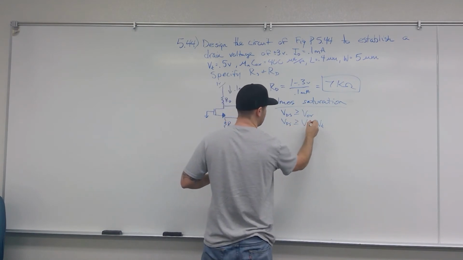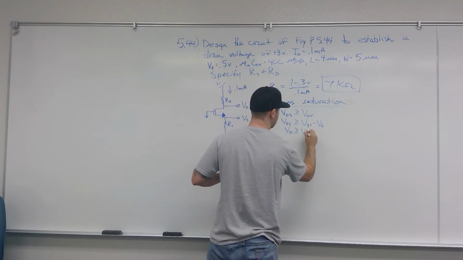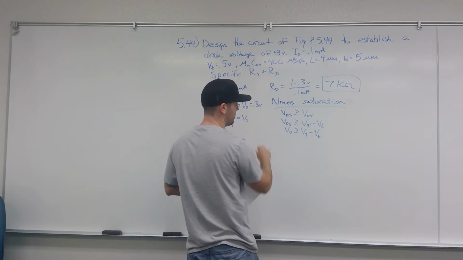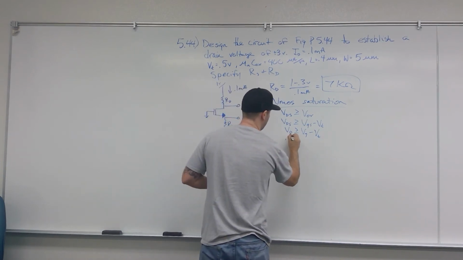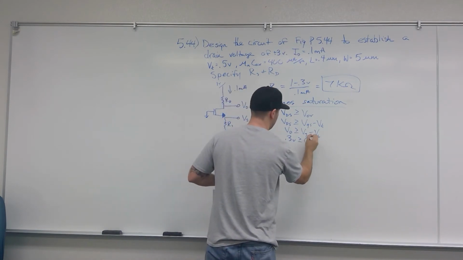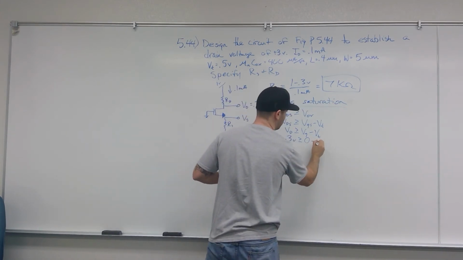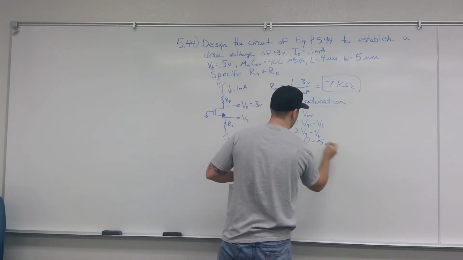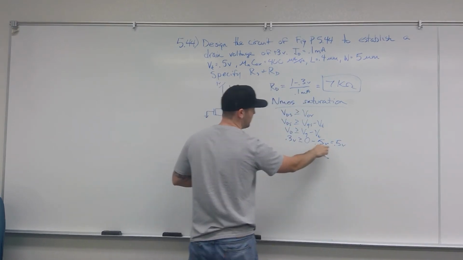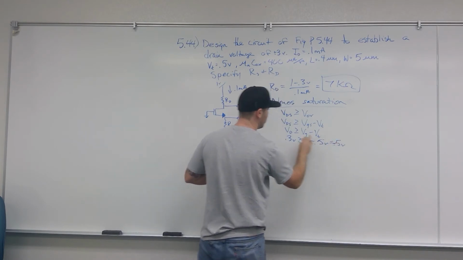We can cancel out these sources if we want to, just to make it a little simpler. And then we can plug these numbers in. So our drain voltage is 0.3, greater than or equal to our gate is 0, and our threshold voltage is 0.5. So 0.3 volts is greater than negative 0.5 volts. So it is in saturation.